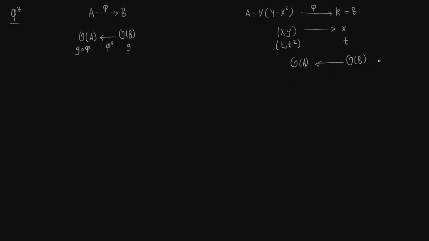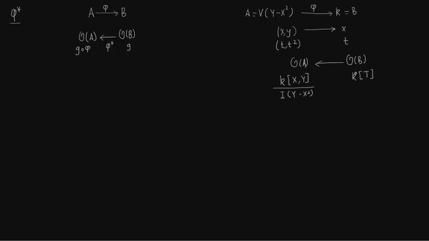So the phi star map is in the opposite direction. So the ring map OB is of this form, and ring map OA is of this form. KT you could have written KA or KM or KX, anything.